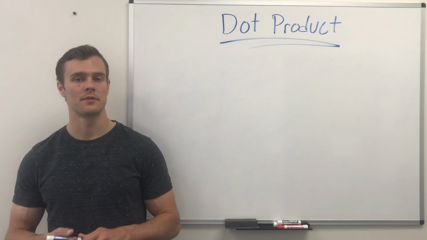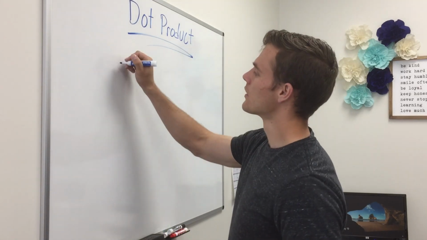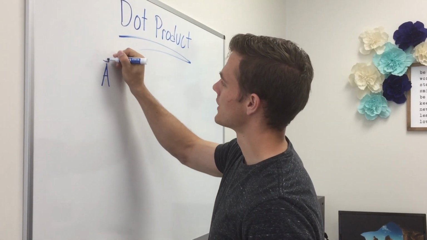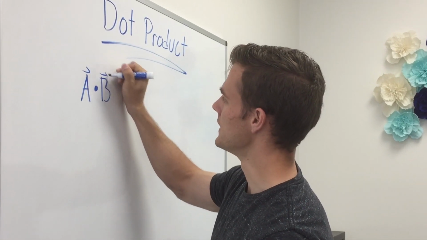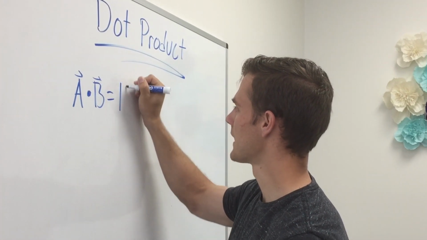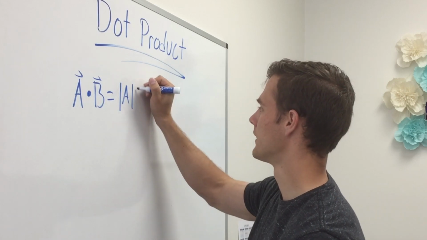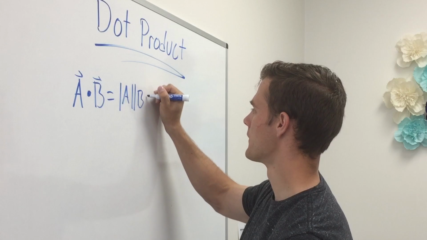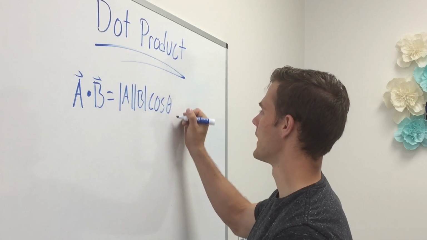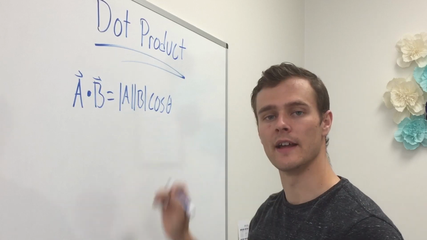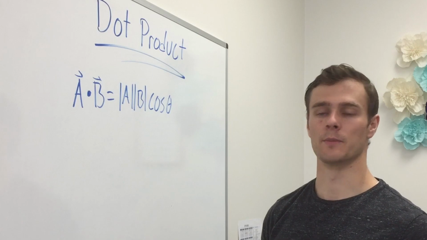So we can write that relationship out with two vectors: A dot B equals the absolute value of the magnitude of A times the absolute value of the magnitude of B times the cosine of theta. And that angle theta is the angle between those two vectors. We're going to use that later to solve some problems.